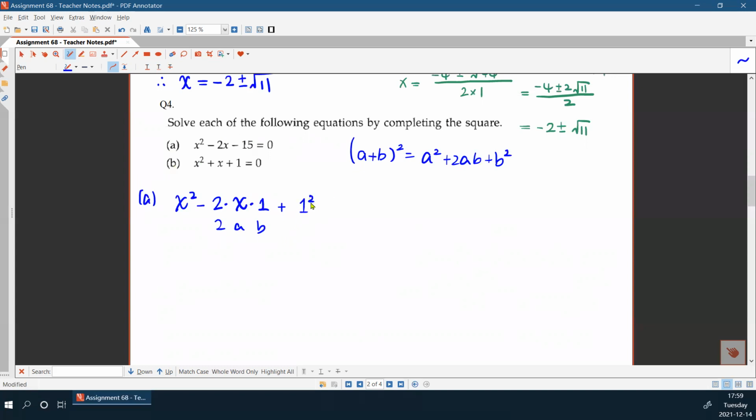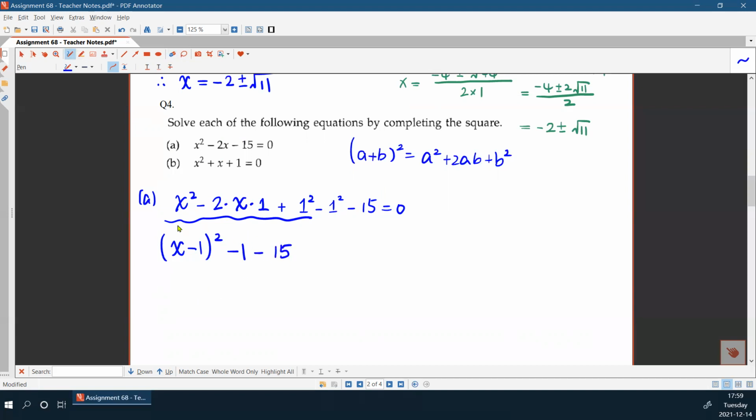And because there is no 1 squared, we need to subtract it to make it equivalent to the original equation, and then copy the rest of the equation. You understand? And then the first part can be rewritten as x minus 1 squared, right? And then minus 1 minus 15.